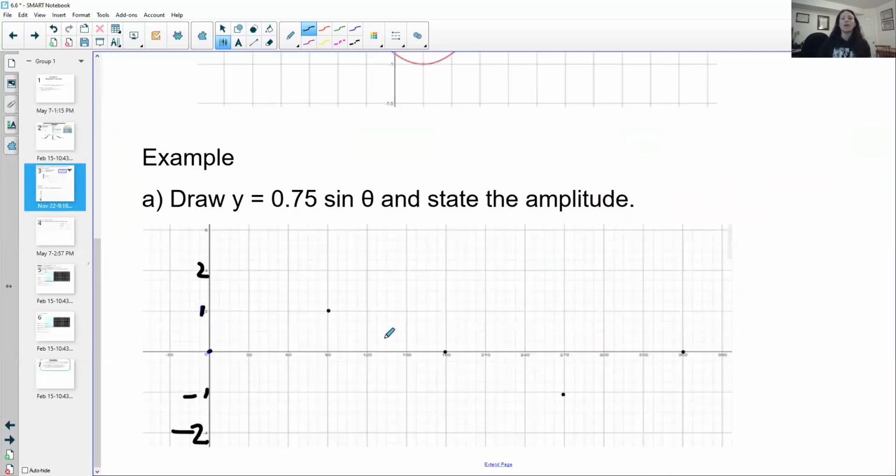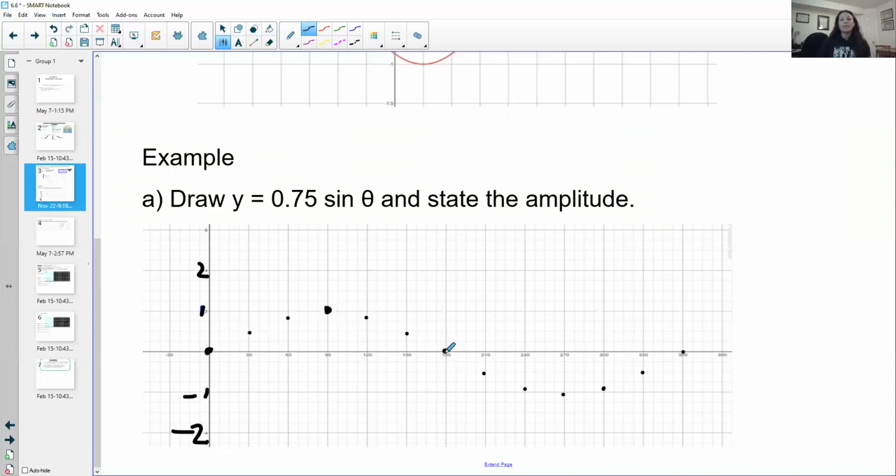Okay, so I've got my 5 main points. I am going to do just a little bit more graphing. I'm going to throw in some extra points because I want you to be able to see it, but when I do it with my pen tool, it's really ugly. So there's our basic sine curve, but we're focusing on the 5 main ones.